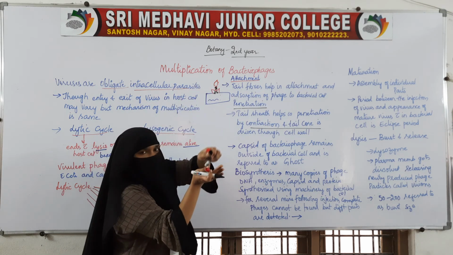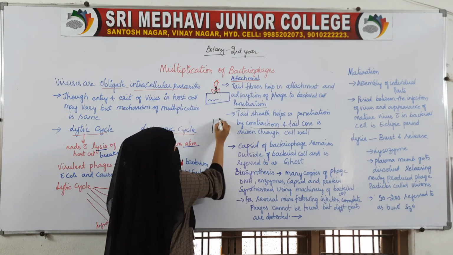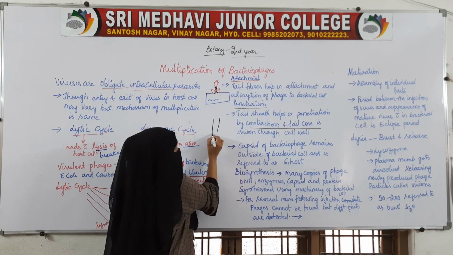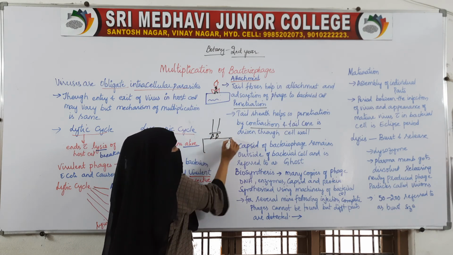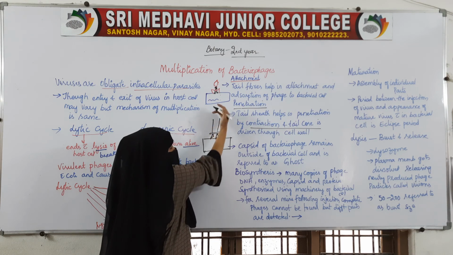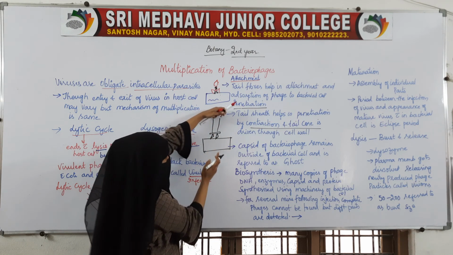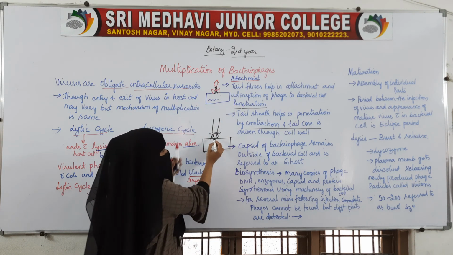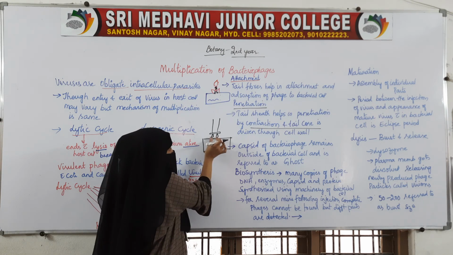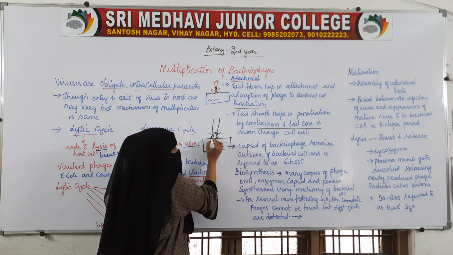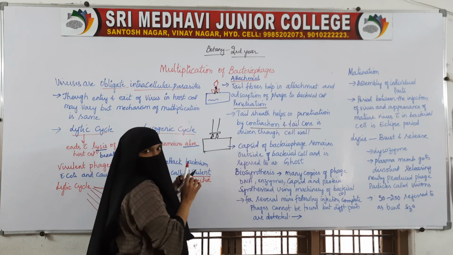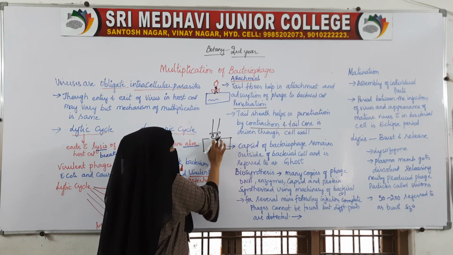This is the tail sheath, this is the base plate, these are the pins, and this is the bacterial cell. When the tail sheath contracts, it puts pressure on the tail pins, and the tail pins are driven through the cell wall.